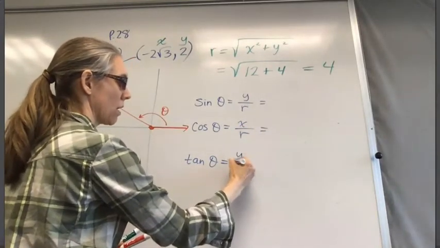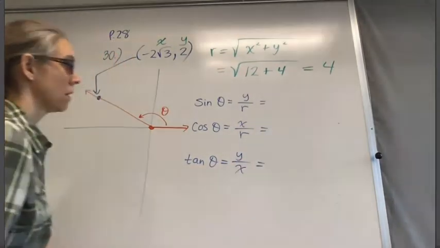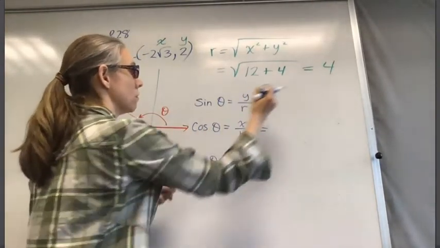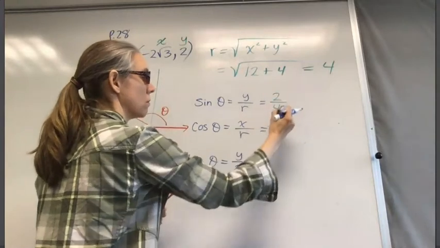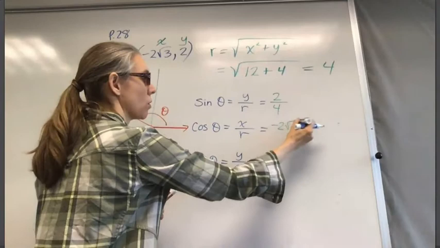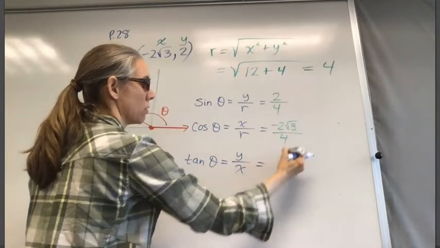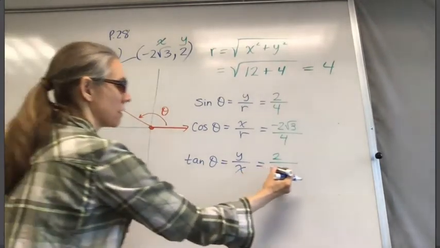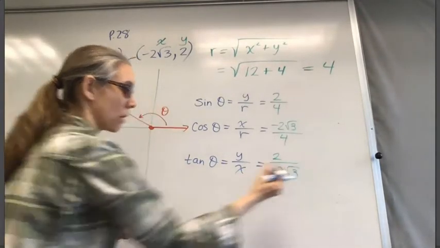Tangent is y over x. Y is 2. R is 4. X is negative 2 root 3. R is 4. Y is 2. X is negative 2 root 3.